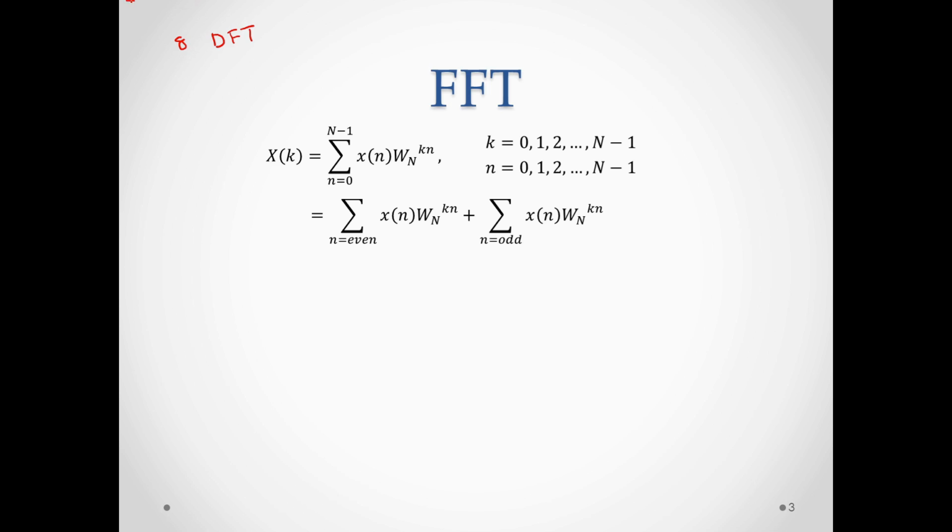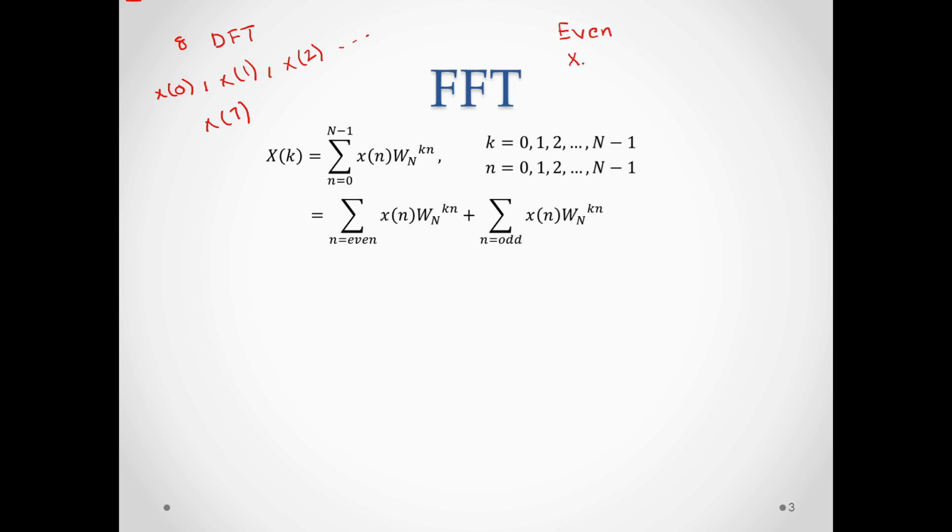If we want to write our series, we write x of 0 as our first term, then x of 1, then x of 2, and this keeps increasing until we get x of 7. Now, what would be its even and what would be its odd part? Let's discuss its even part. The even part contains the even entries.